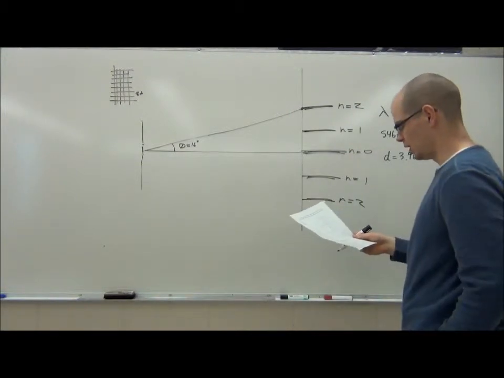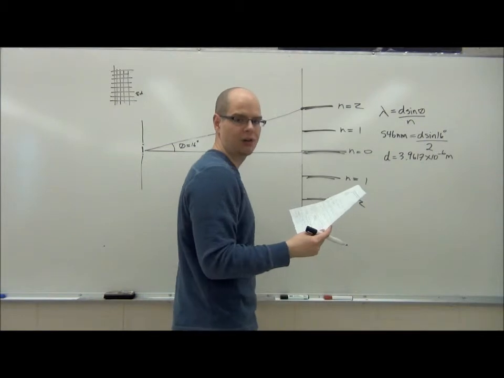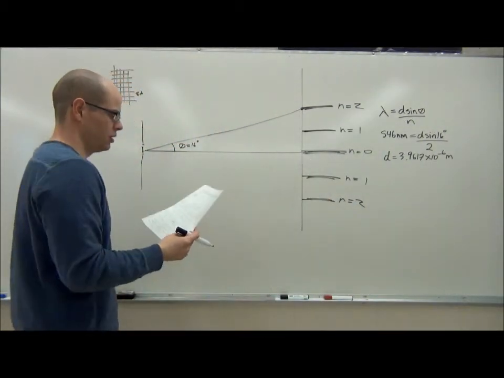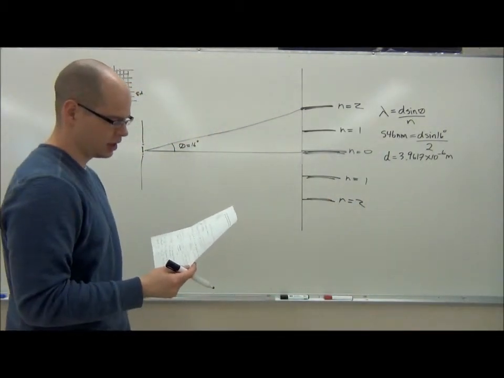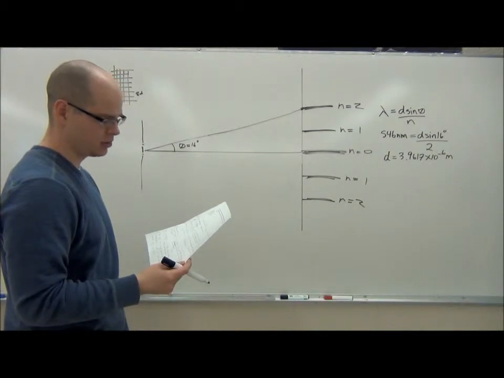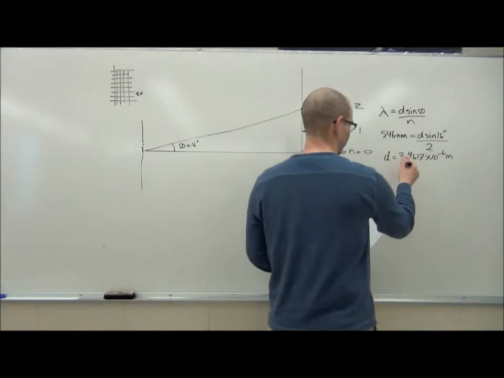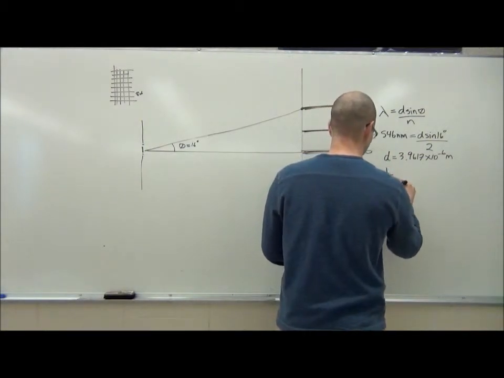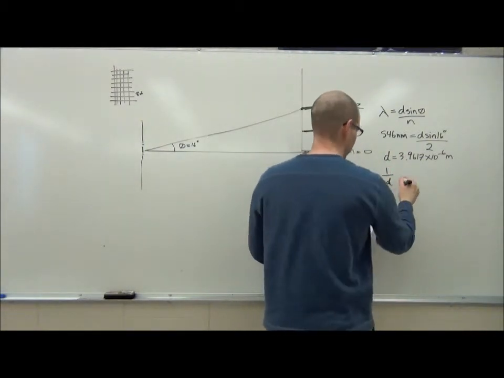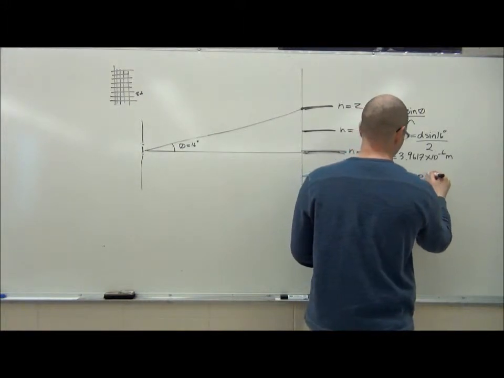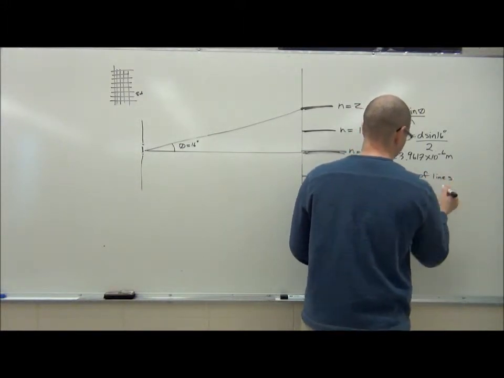Okay? And next, if I found that value, which is the distance between slits, I can find the number of lines per meter by taking the inverse of that. So 1 over d is going to be equal to the number of lines in my diffraction ruling.